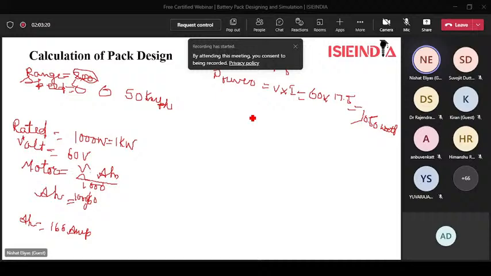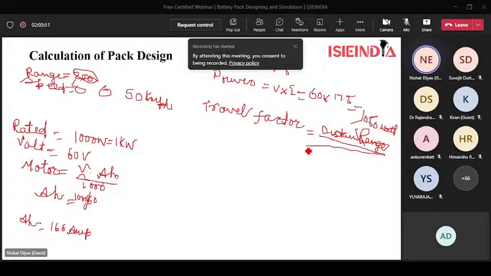In our case we are considering the range. So we will calculate the travel factor. Travel factor is the distance, the range, divided by the speed.